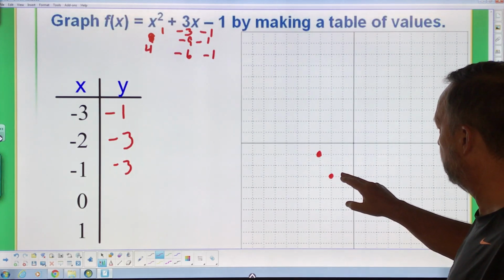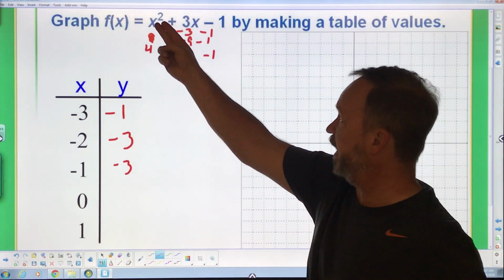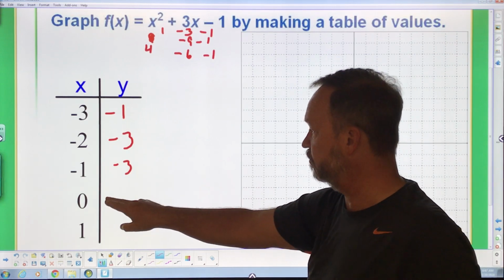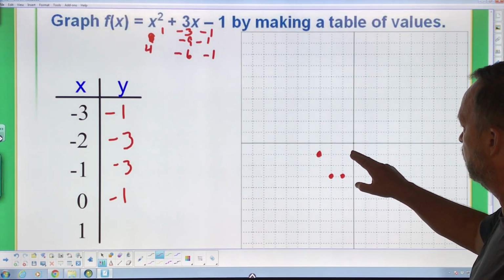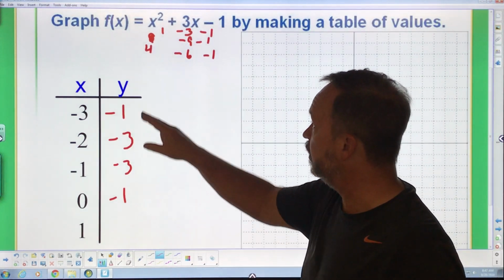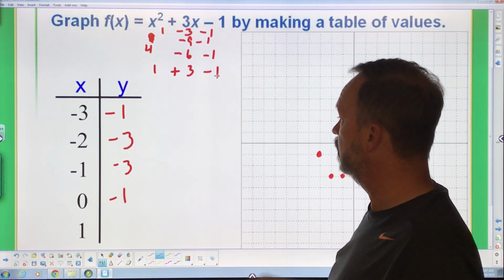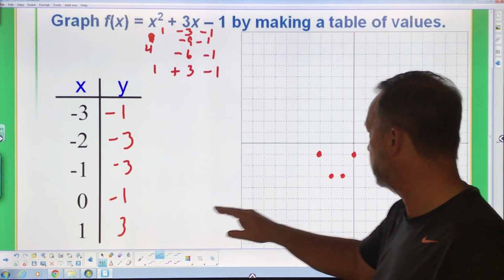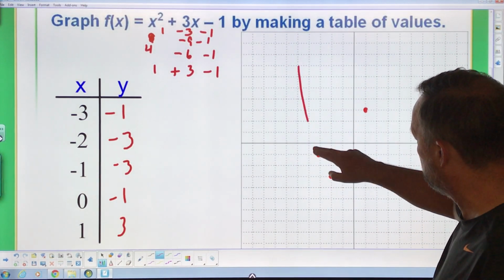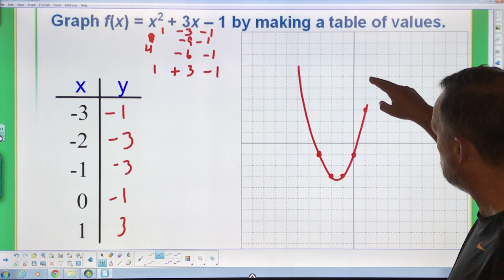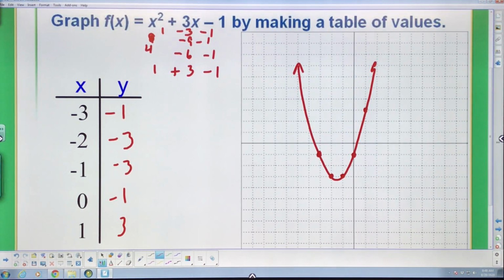So -1, -3. Put in the 0, of course, then that's 0, so we get -1. And then we put in 1. 1 squared, 3 times 1, and we get 3. So 1, 3. So just a quick, since we kind of know how this thing was supposed to look anyway, as a parabola, that's how you graph using a table of values.